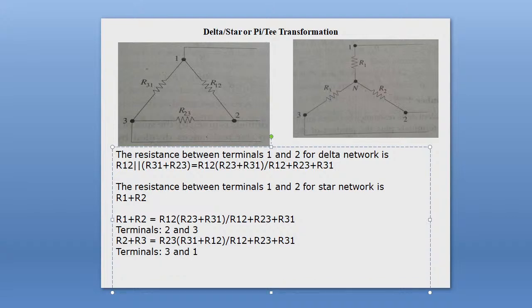Okay, so everyone can write for 3 and 1: R3 plus R1 equal to R31 into R12 plus R23 divided by their sum, R12 plus R23 plus R31.